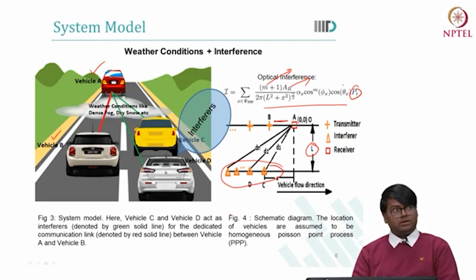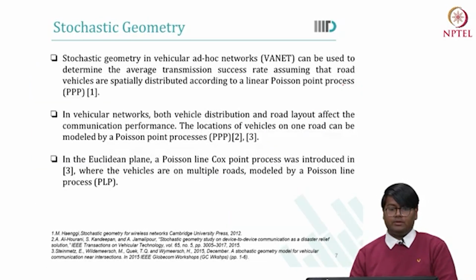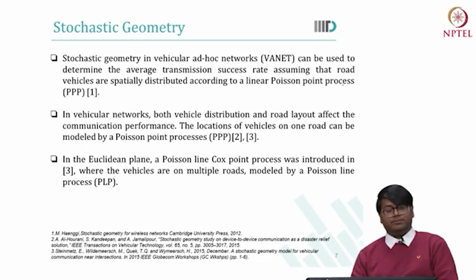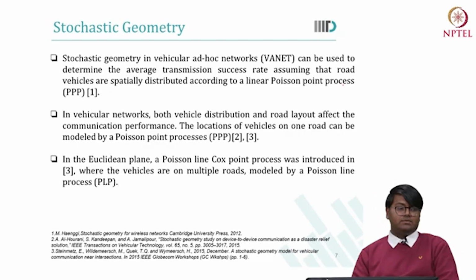Now, this stochastic geometry tool may be new to our learners, so we will invest some time in understanding what stochastic geometry is. In mathematics, stochastic geometry is the study of random spatial patterns.